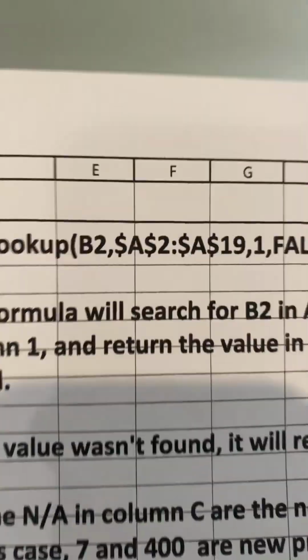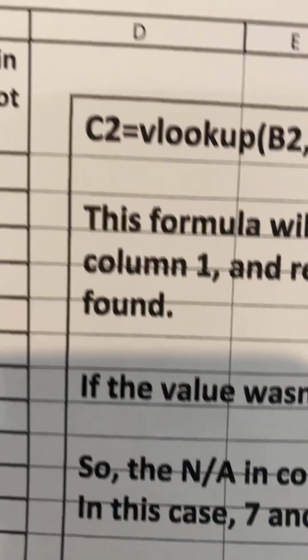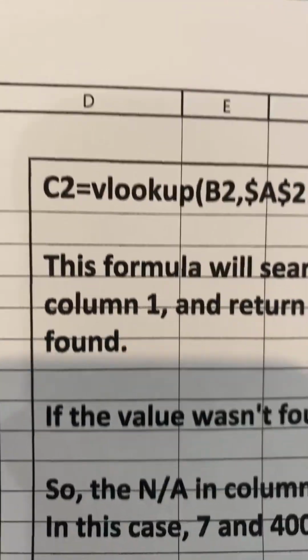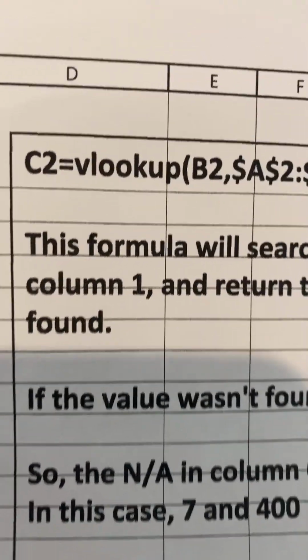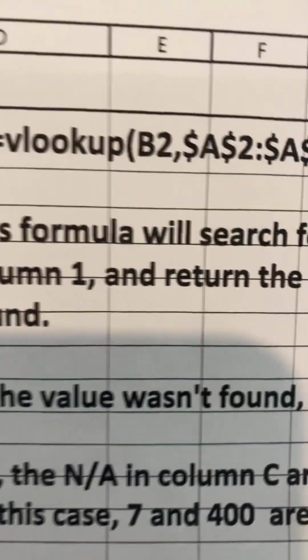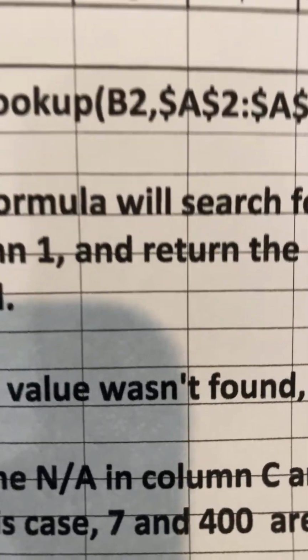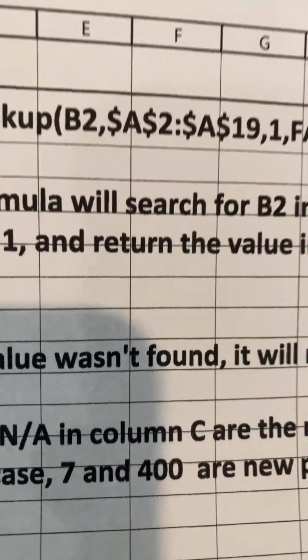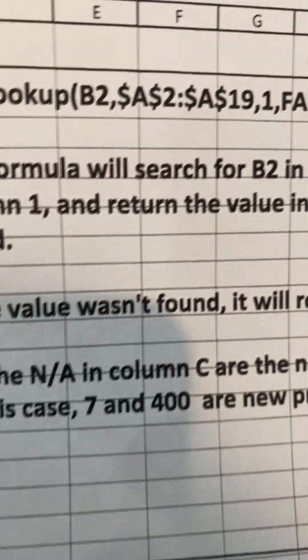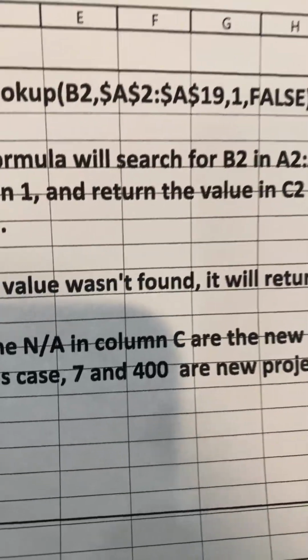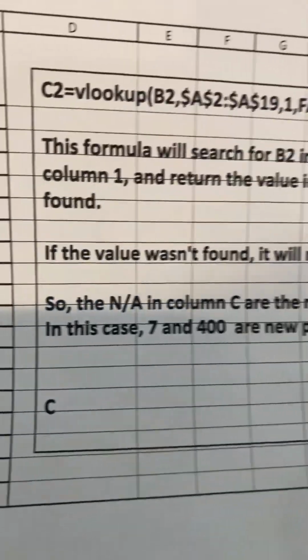So you look at this, that's what you use. In C2, I'll explain it in a second: C2 equals VLOOKUP, parentheses, B2, comma, $A$2:$A$19, comma 1, comma FALSE. And I will explain this in a minute.